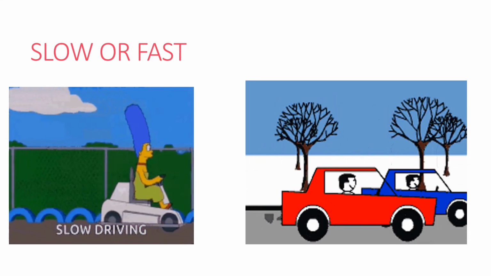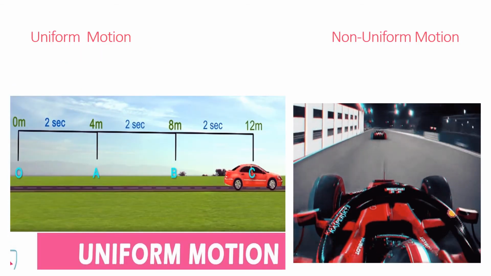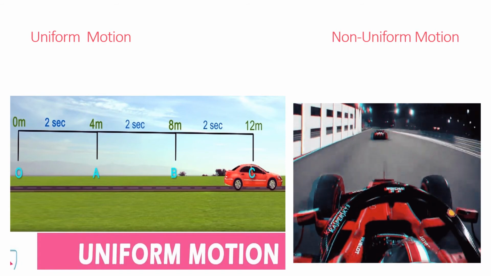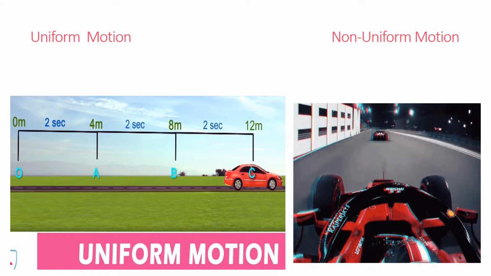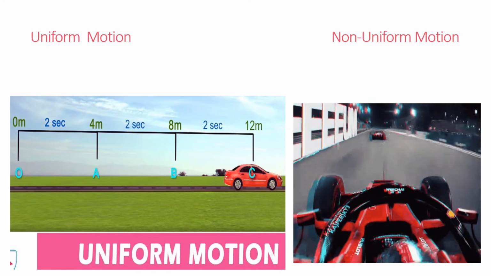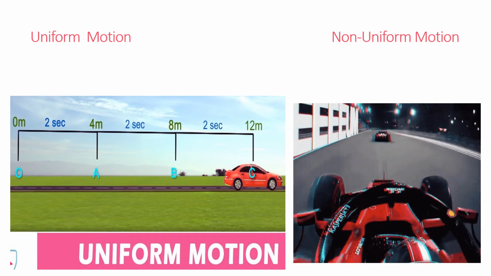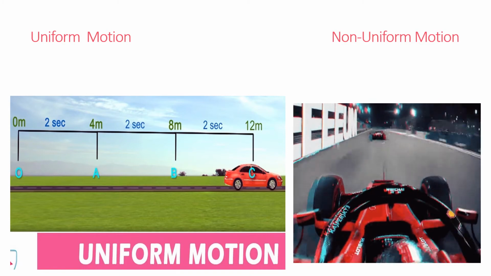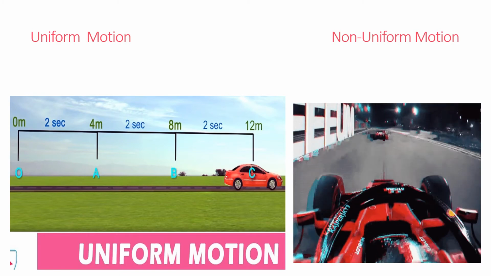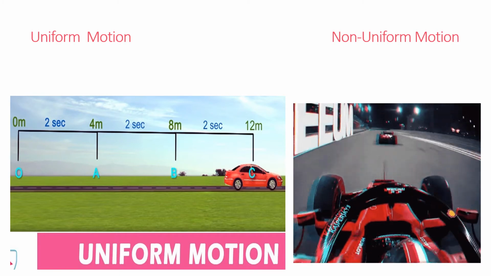What is speed then? Before we learn in detail about speed, let's understand what is uniform motion and non-uniform motion. If the speed of an object moving along a straight line keeps changing, its motion is said to be non-uniform. On the other hand, an object moving along a straight line with constant speed is said to be in uniform motion.